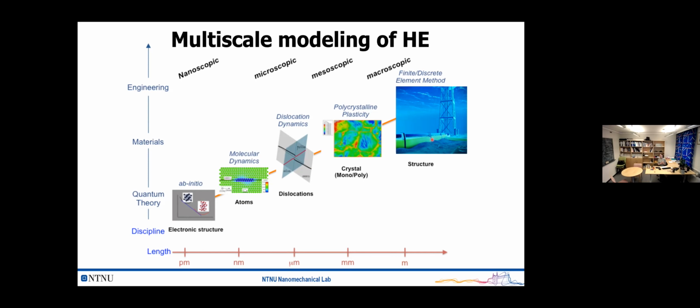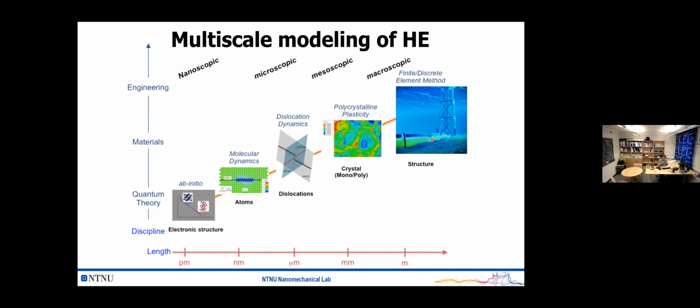The questions we try to answer with all these simulation techniques are: how can hydrogen enter into the material? How fast will the hydrogen enter into the material? How much hydrogen can a specific material take? When the hydrogen has entered, what does hydrogen do to the material performance? Are we able to predict the effect of hydrogen throughout the lifetime of the material?